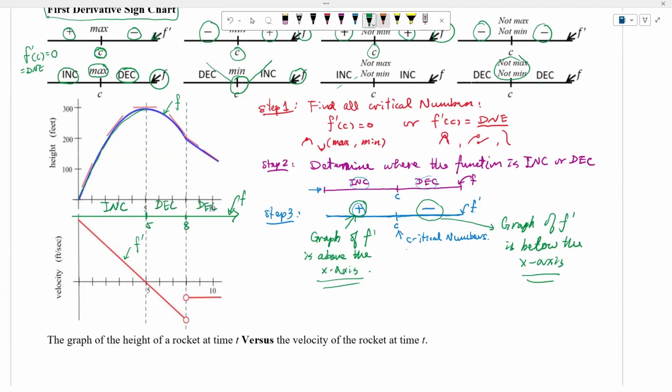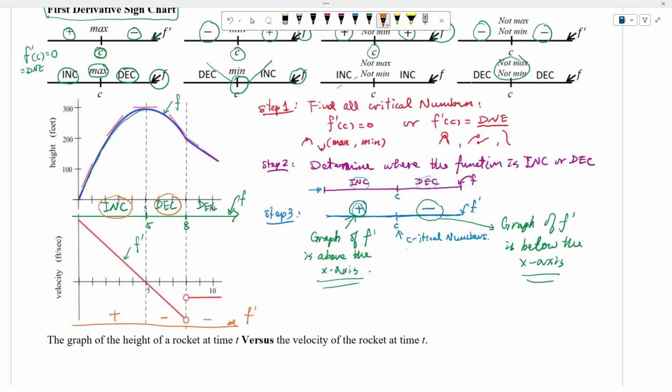So for the f prime graph, increasing means positive, decreasing means negative, and then negative.